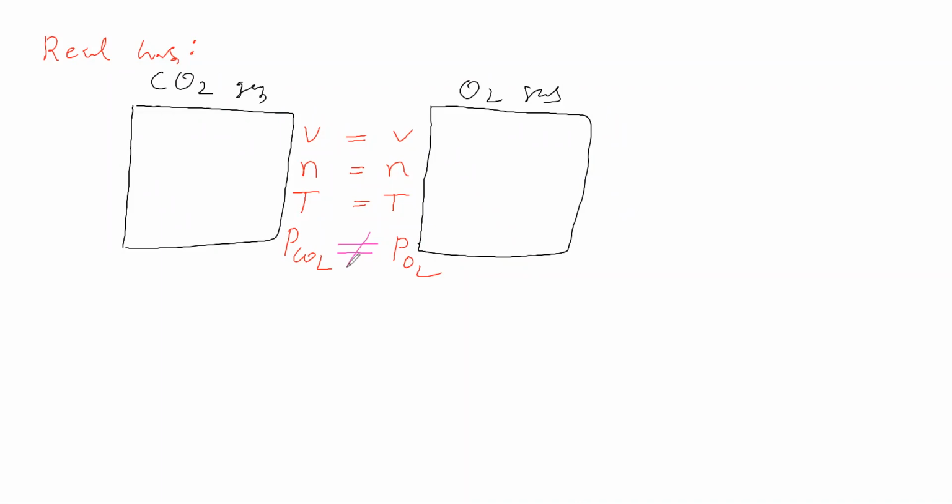Since these are real gases, we will take pressure correction. Pressure correction is equal to a n square by V square, here also. The number of moles of gas remains the same in both cases, and the volume of gas remains the same in both cases.